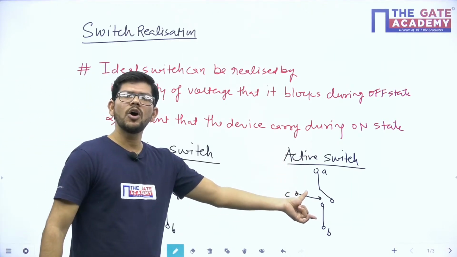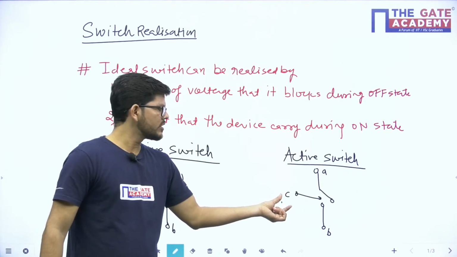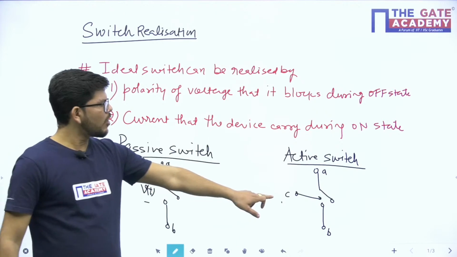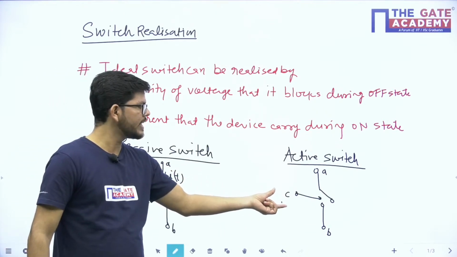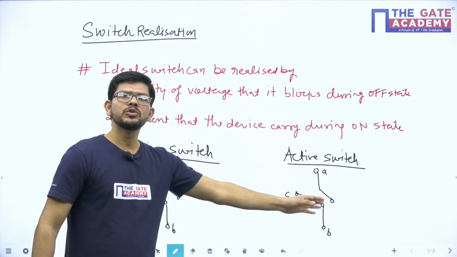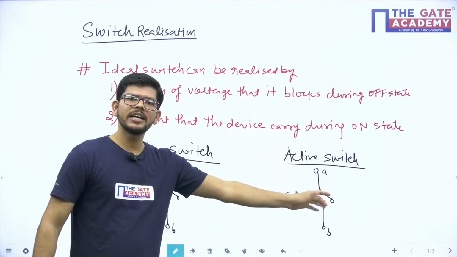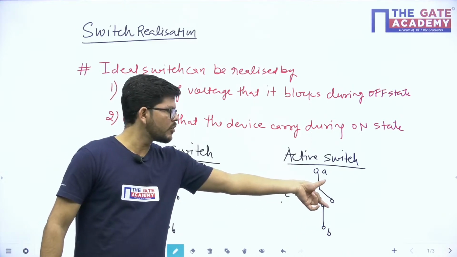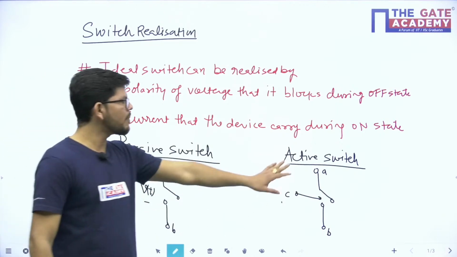Suppose on applying a control signal across terminal C, the device turns on. At that time, whatever direction the device is carrying current and whatever voltage it will be blocking will decide the quadrant of operation of an active switch.